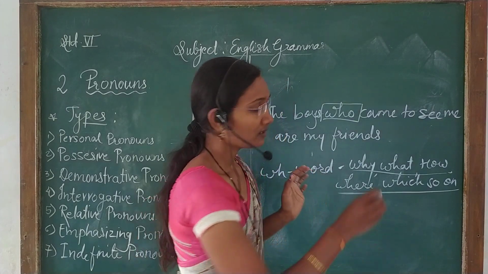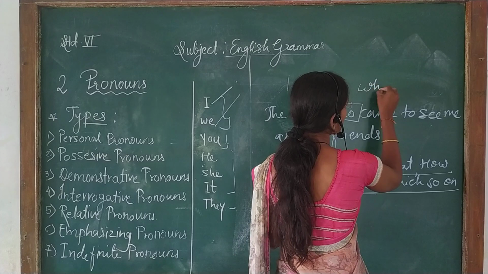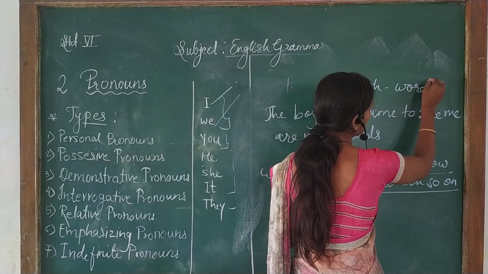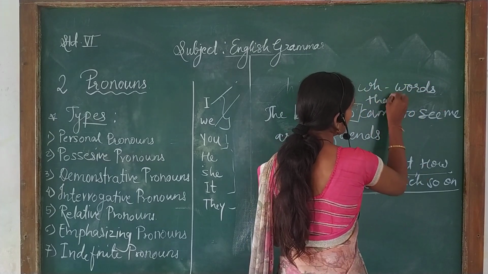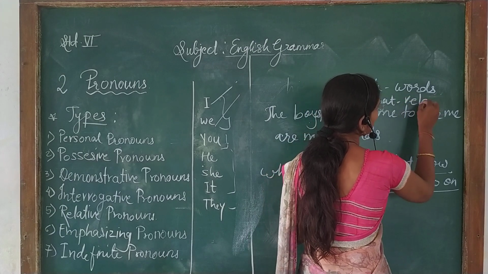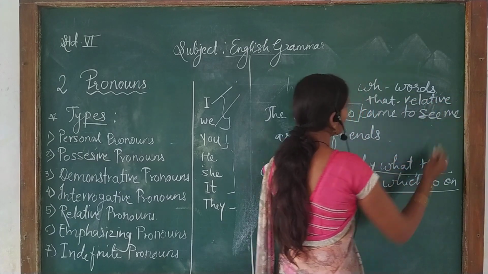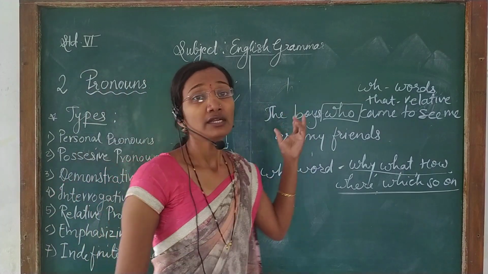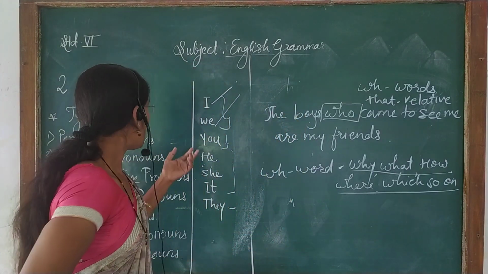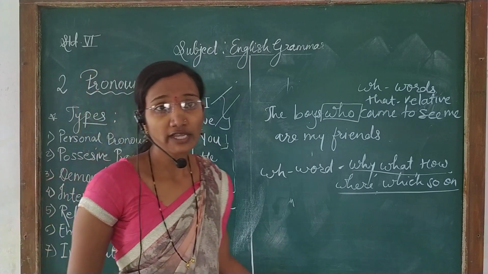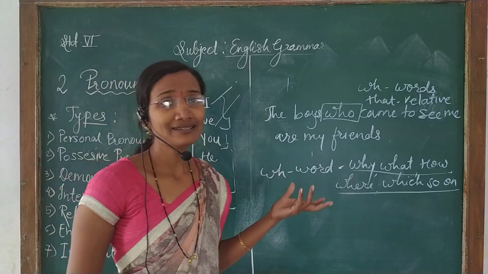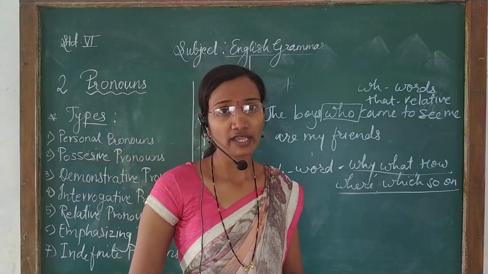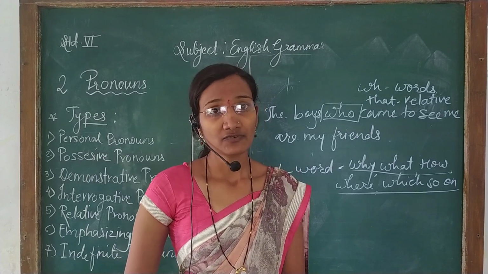So all WH words are used as relative pronouns, then "that" also is one of the relative pronouns, okay. So you have to learn which are relative pronouns, which are demonstrative pronouns, which are personal pronouns, okay. So you have to read, okay. By practicing only you can understand this, and you can remember this forever.